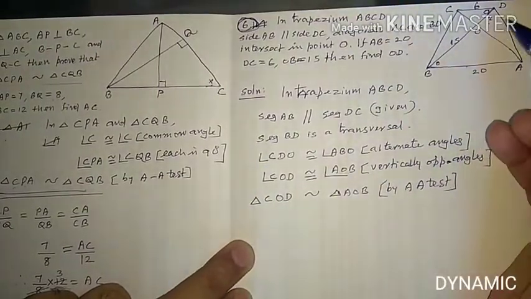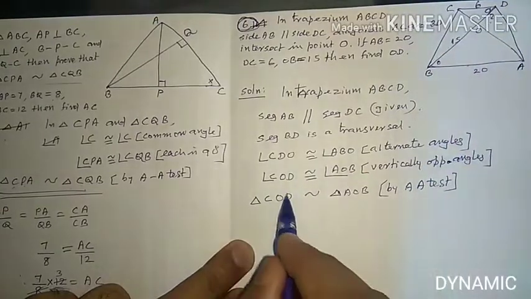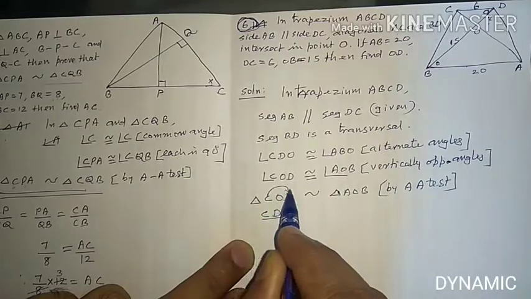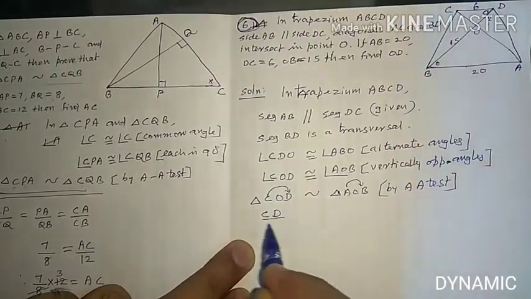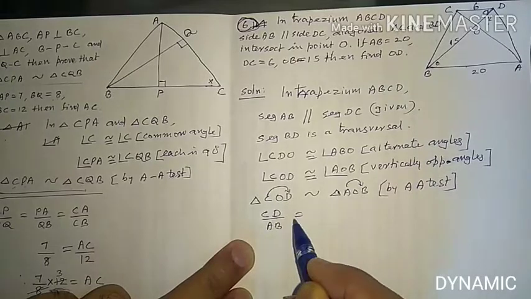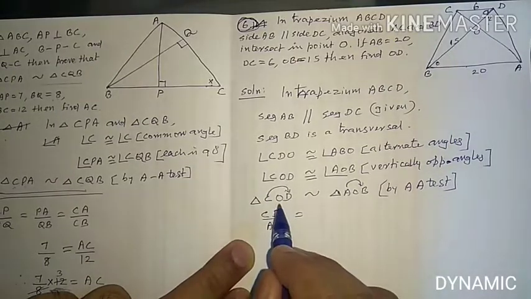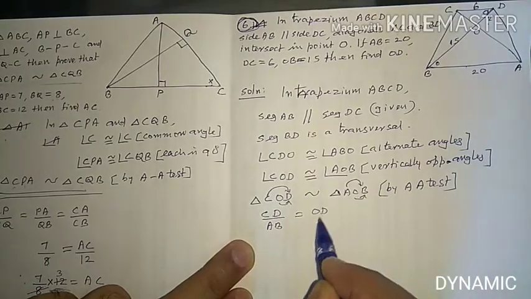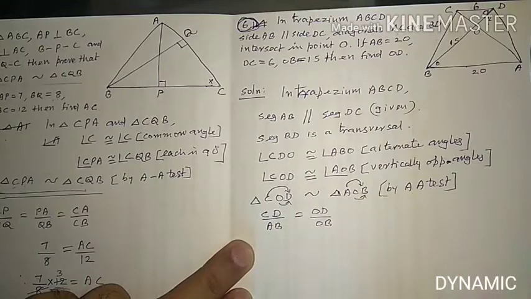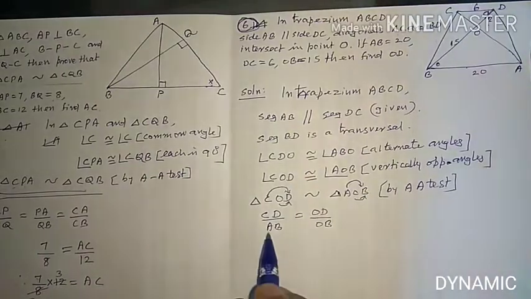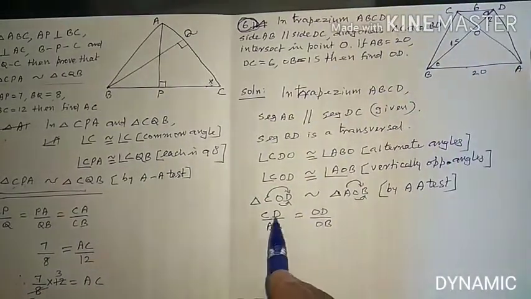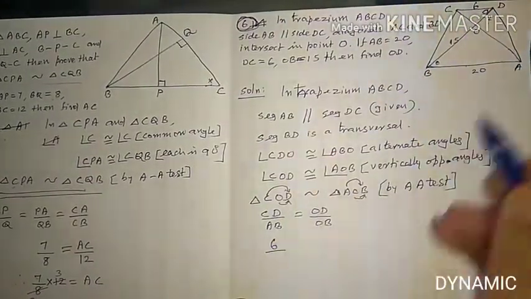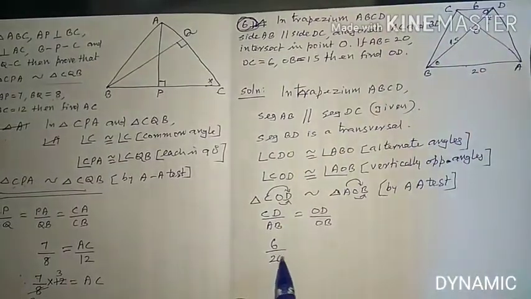Therefore, whatever sides we need, we write: CD upon AB is equal to OD upon OB. CD is given 6 upon AB, which is 20, given in the question.